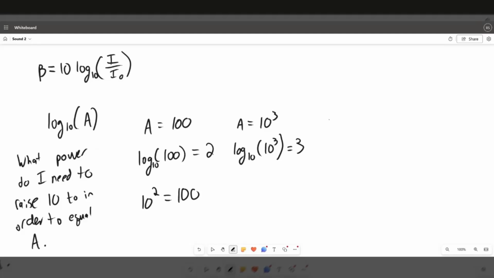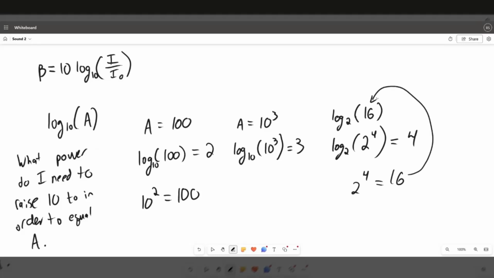You can have other logarithms, like log base 2, and this is common for computers. If I make this 16, this is asking what power do I need to raise 2 to in order to get 16. We'll remember that 16 is actually 2 to the 4th. And so I need to raise 2 to the power of 4 in order to get 16, which was the thing inside of our logarithm.